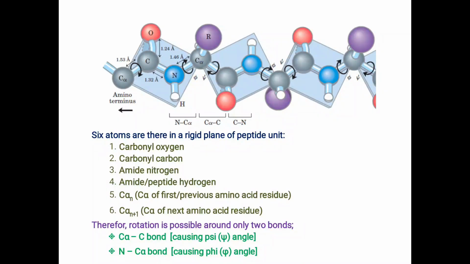Once the native three-dimensional structure is lost, its function is lost. So, those functions and all those factors and contributors will be discussed whenever we study the three-dimensional structure of the protein.